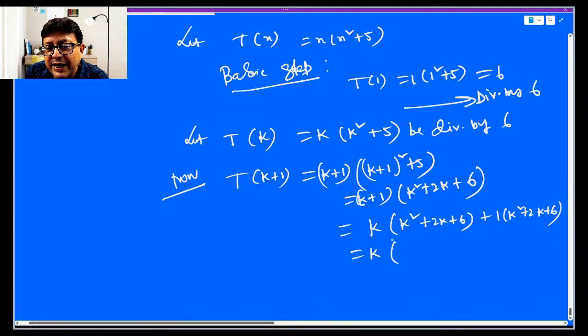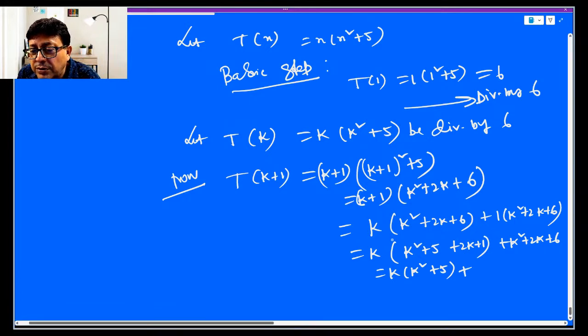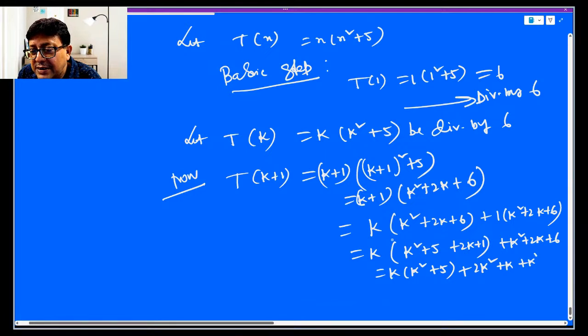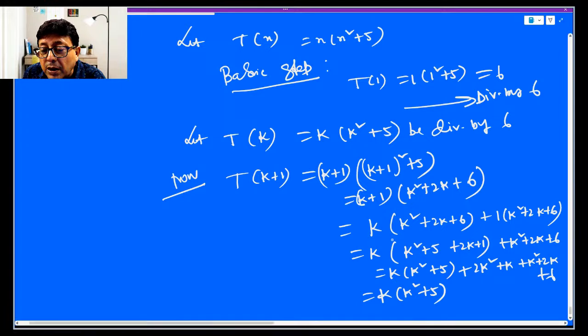You write k into, so it is k into k square plus 5 plus, take it out now, 2k square plus k square plus 2k, this plus 3k square plus 3k plus 6.